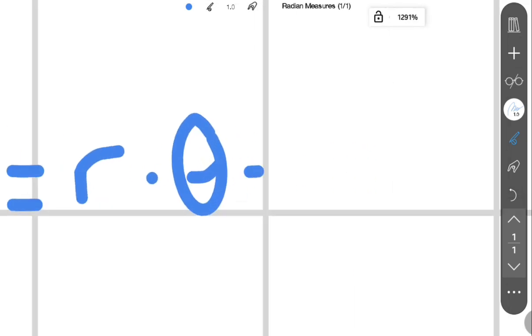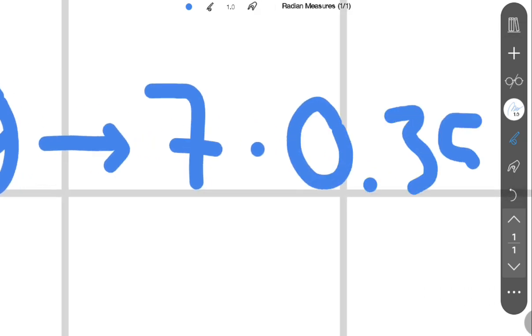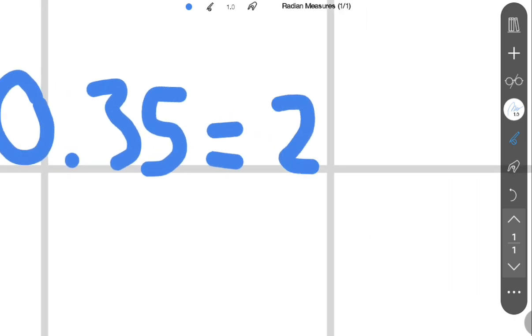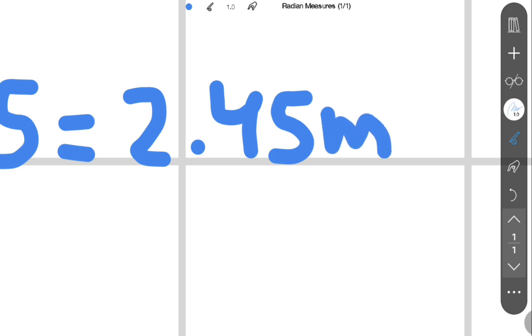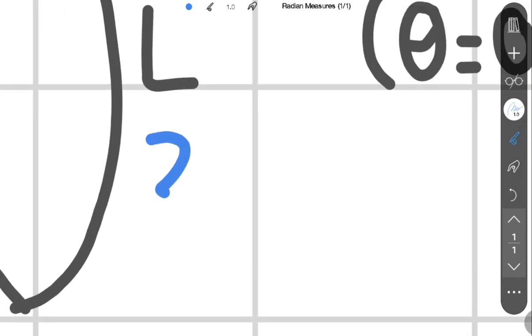So that's equal to 7 times 0.35, and that's equal to 2.45 meters. So the length of the arc is equal to 2.45 meters.